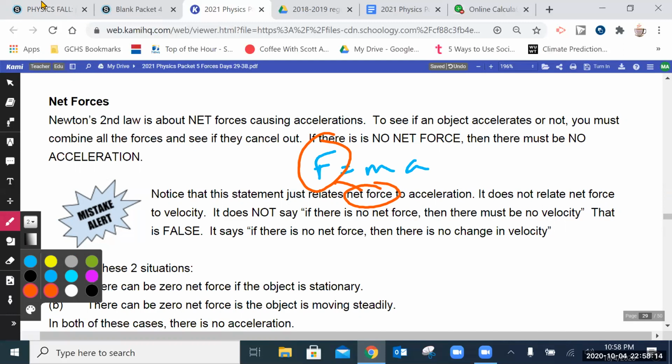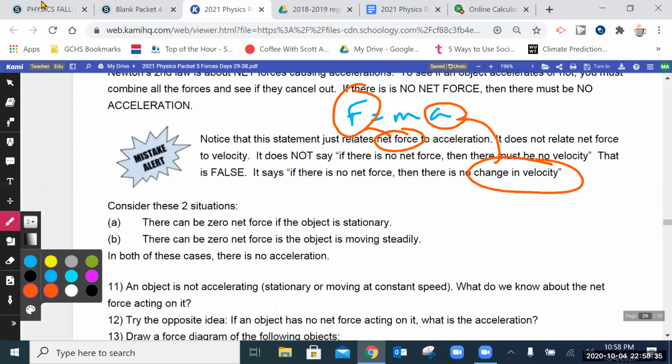It does not say if there's no net force, there must be no velocity. No. That is false. It says if there's no net force, then there's no change in velocity. Change in velocity is acceleration. It can still be moving. It's just not changing its motion.